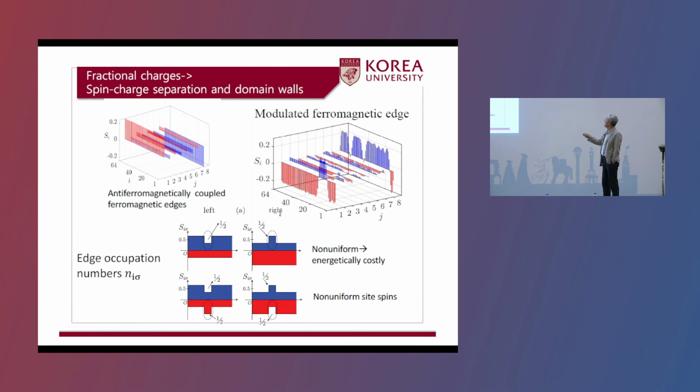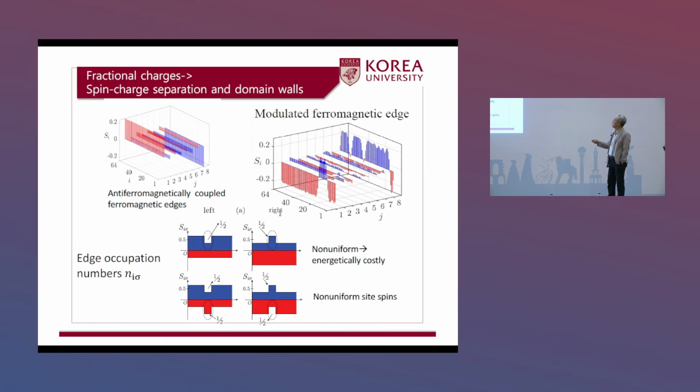Suppose you consider this magnetic domain here. Why is this magnetic domain related to the presence of fractional charges? These pictures show edge occupation numbers for spin up and spin down.